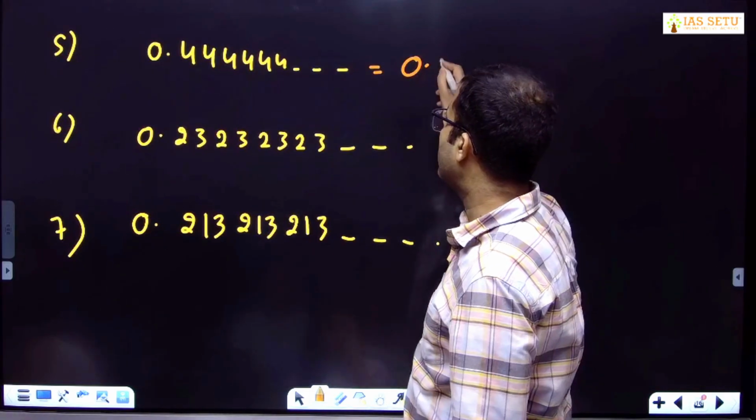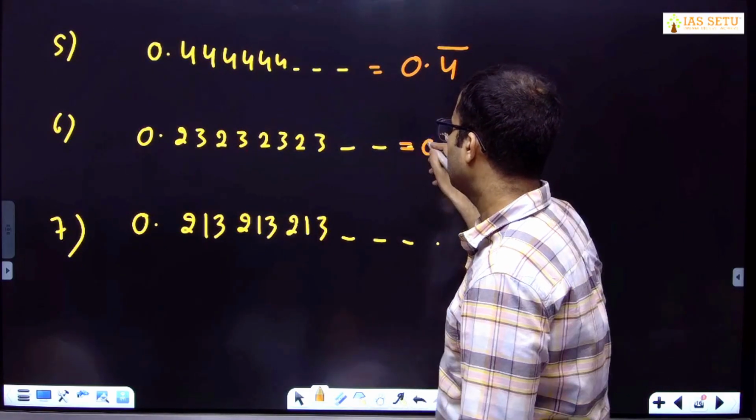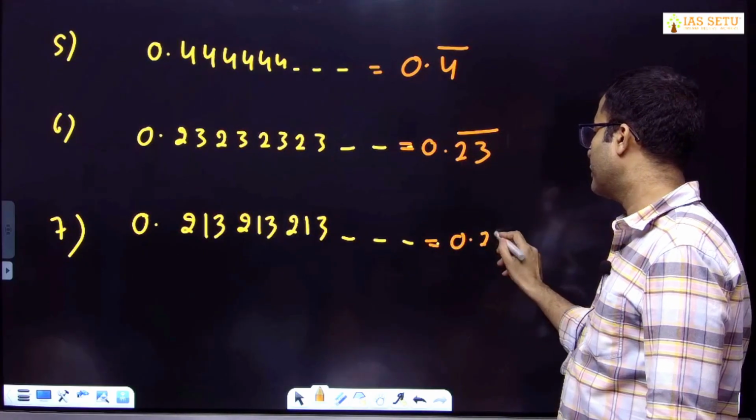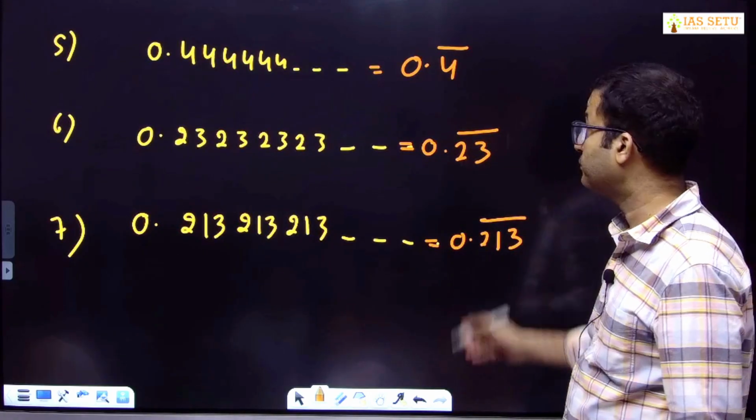Here it is 0 bar on 4. This is 0.23 bar on 23. This is 0.213 bar on 213.